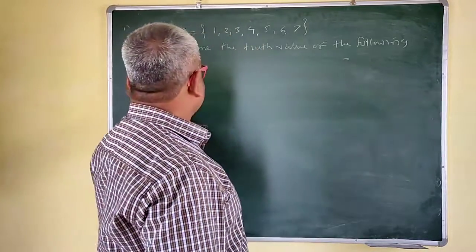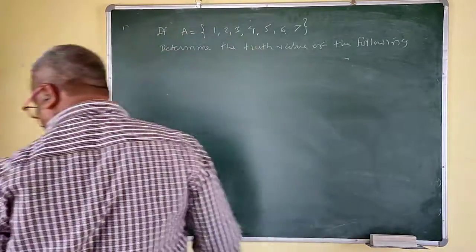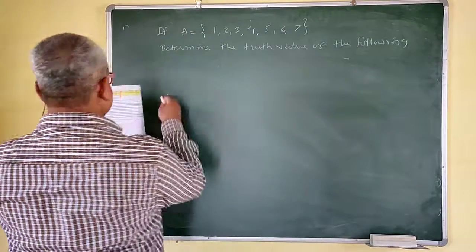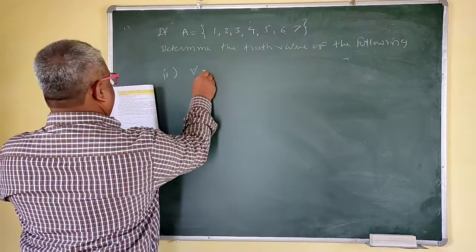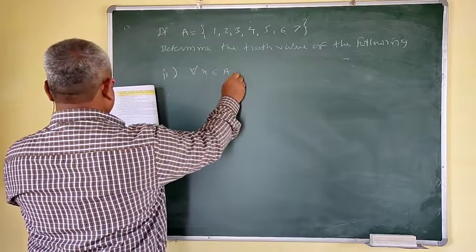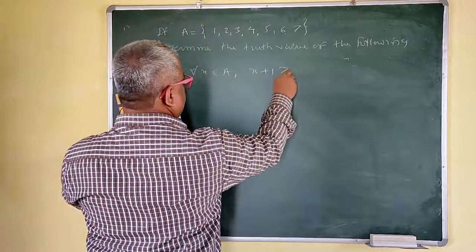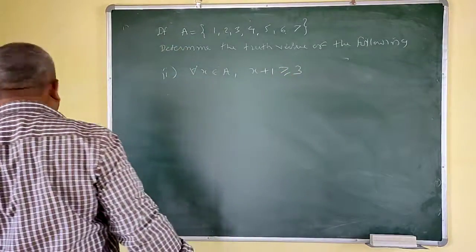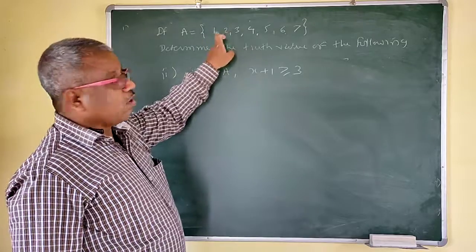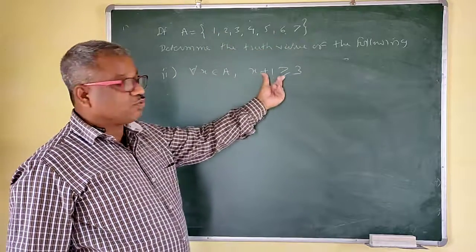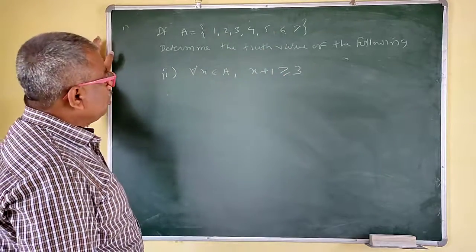We'll take the next example. Second: for all x belongs to A, x plus 1 is greater than or equal to 3. So for all x, that means for every value, x plus 1 should be greater than or equal to 3. Does it hold?